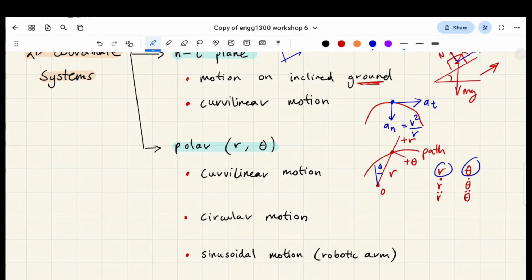If this is the path, the radius might be increasing over time as it goes further away from the satellite, and the angle theta will also be changing with respect to time, which gives our radial velocity and angular velocity. And then there's also radial acceleration and angular acceleration as well.